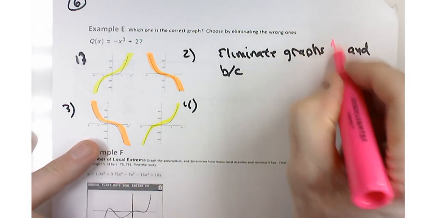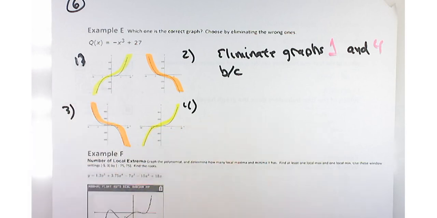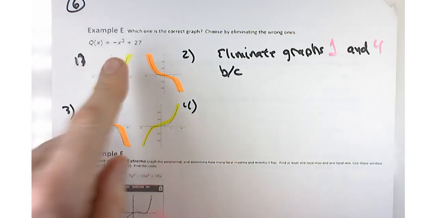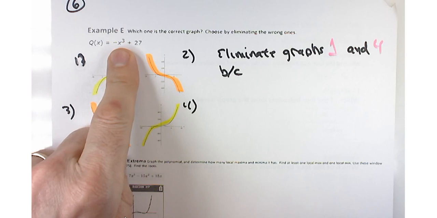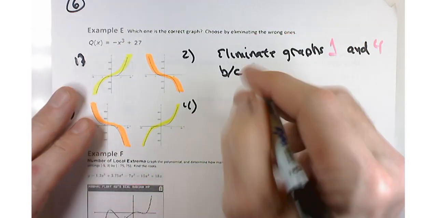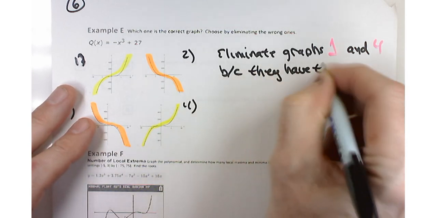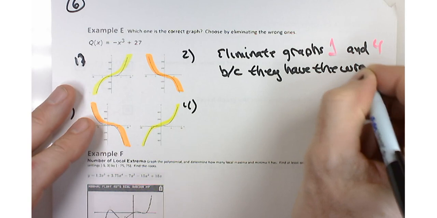Exactly. 1 and 4. This has the wrong end behavior. This would reflect an odd degree polynomial with a positive leading coefficient. We've got a negative leading coefficient because they have the wrong end behavior.